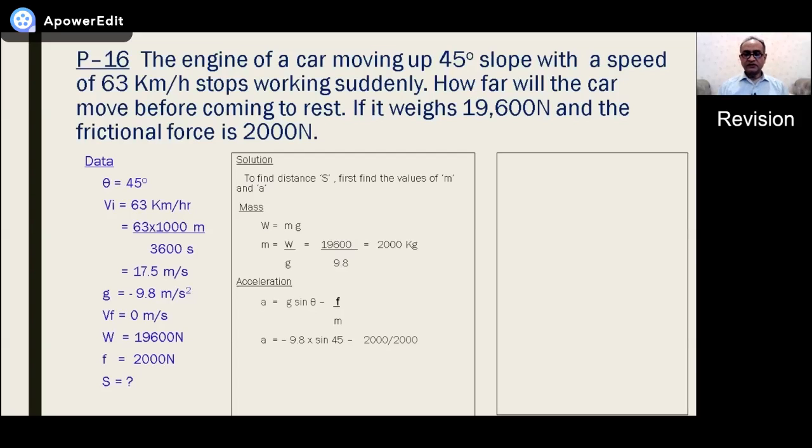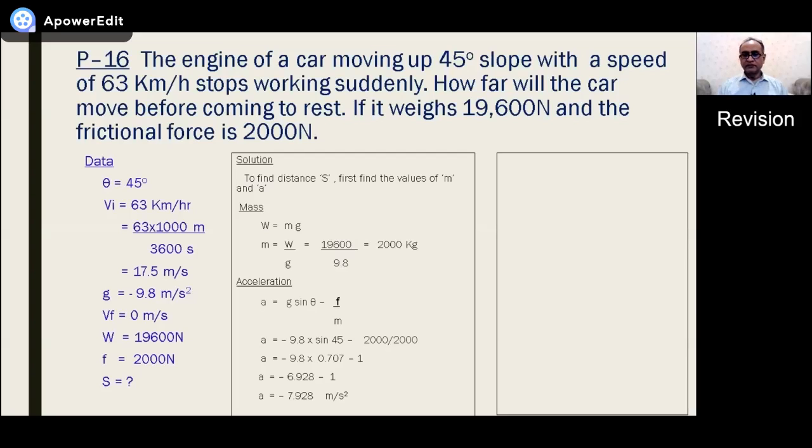Then for acceleration, we use the formula a is equal to g sine theta minus F upon m. Why are we using this formula? Because in the question, the frictional force is mentioned. If the frictional force is 0, then we use the simpler formula. Substituting the values and simplifying, we calculated the acceleration, minus 7.928.